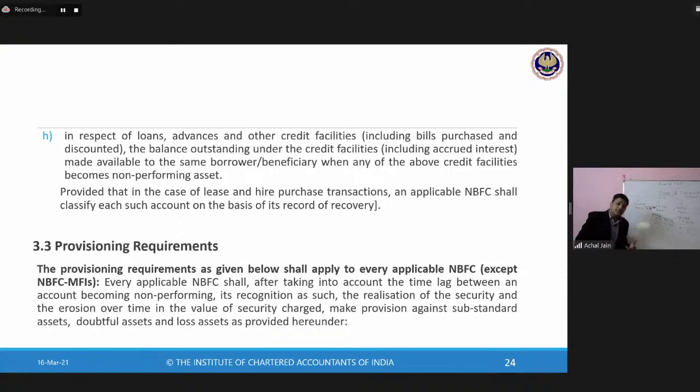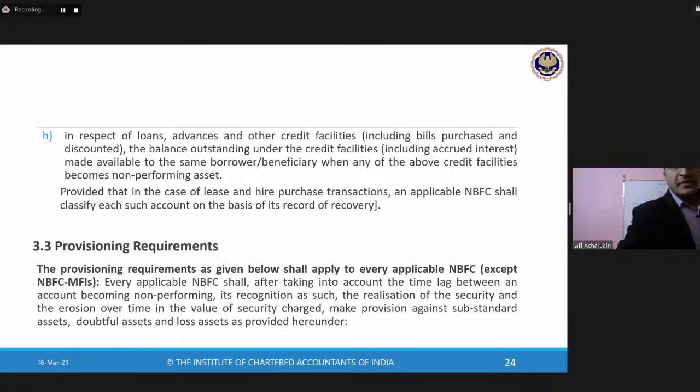It's only after some period of time that this good asset becomes a bad asset in any of these forms. That's why some part of these good assets should also be reserved, because all of these bad assets have emerged out of good assets only. Okay, clear? So now we will move on to the provisioning requirements as to what is the provisioning requirement for various types of assets.